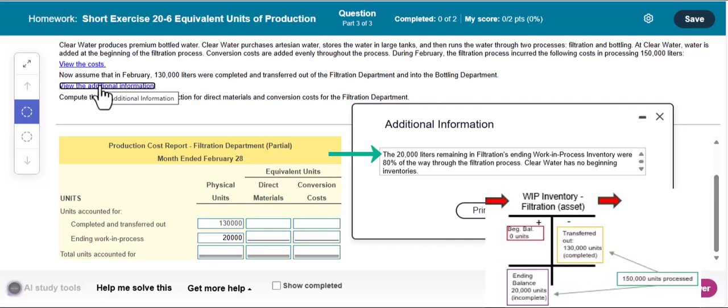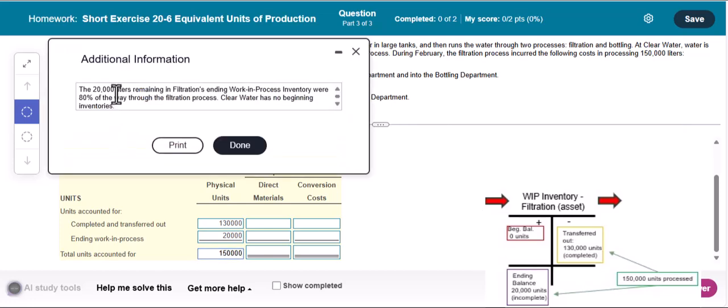And then the total units accounted for, again given to us here, is 150,000 liters. That 20,000 liters remaining in the filtration's ending work in process inventory were 80% of the way through the filtration process.